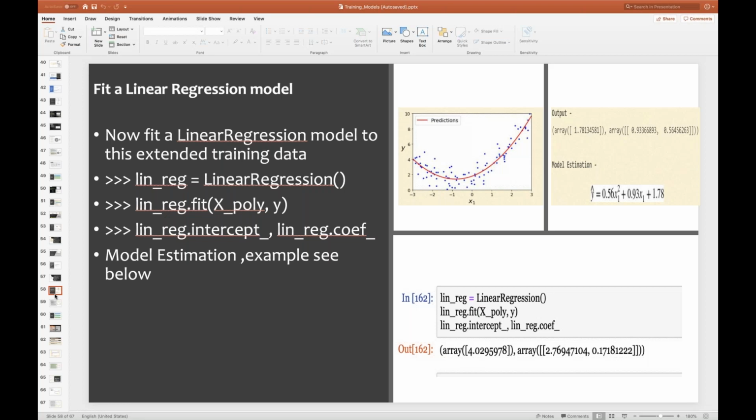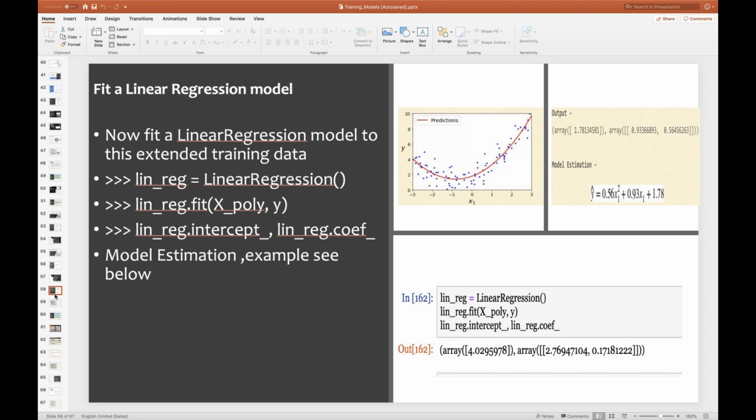X_poly means you're adding features to the existing data. When you add features, those new features are treated as new data. Perfect. My y is like that. Now linear regression intercept and linear regression coefficients. This is what I'm going to check now.